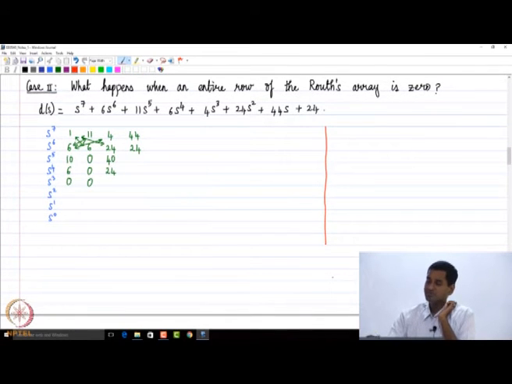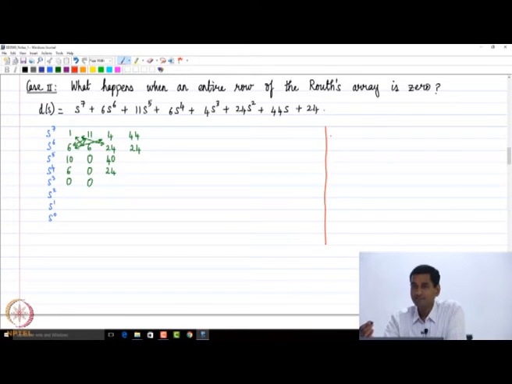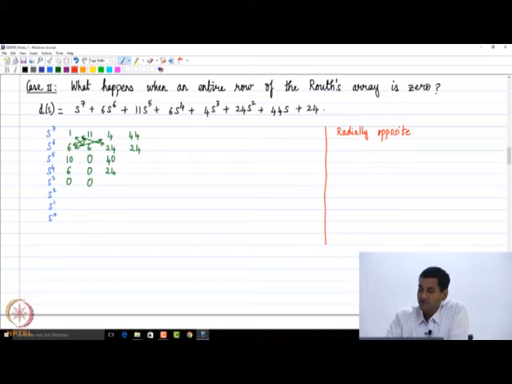Before we figure out what to do, let us learn a term which I am going to use here, what are called radially opposite roots. What can one mean by radially opposite roots? For example, let us say I take the S plane.